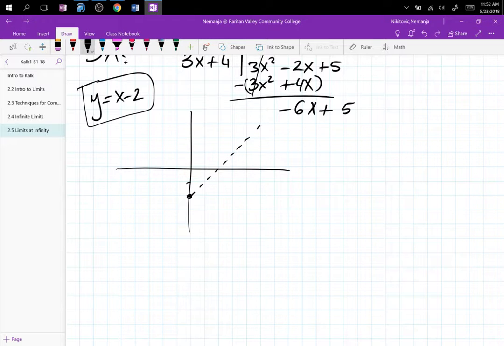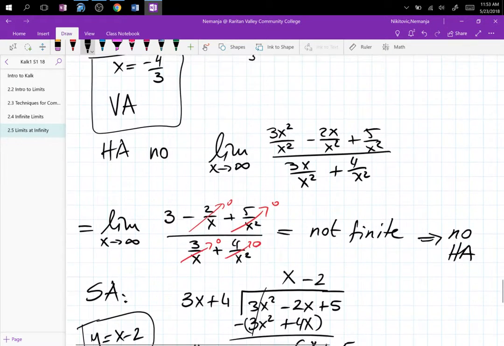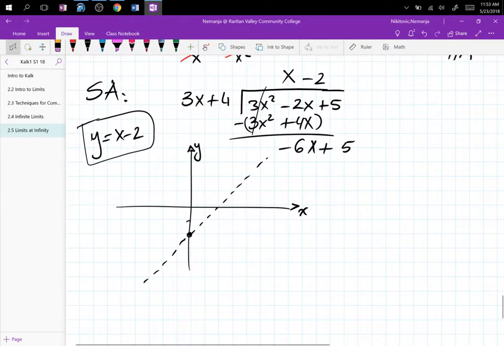So our slant asymptote is at 45 degrees. I'm just adding extra stuff. They only asked about asymptotes. And then we have a vertical asymptote at negative 4/3. That's over here. It's like 1 1/3 on the negative side. It's like negative 1.33333.